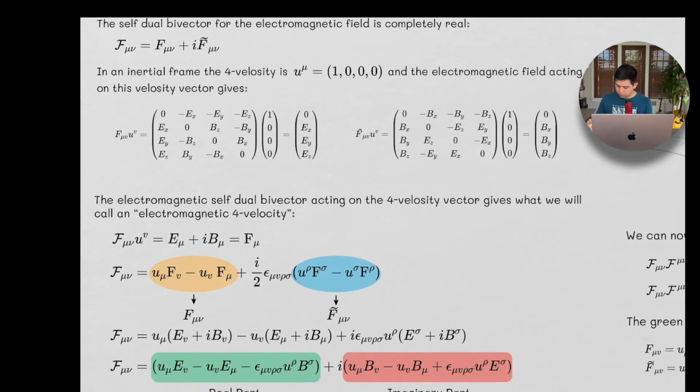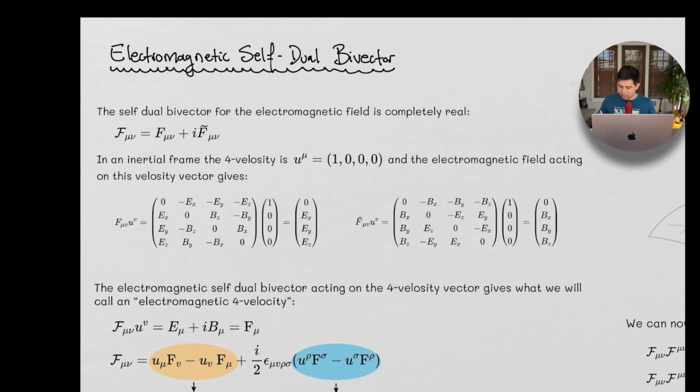So this is interesting, because the idea here is that we have a real part that's associated with the electric field, and then we have the dual part, which is associated with the magnetic field. Put those together in a complex way, and you get the self-dual bivector.